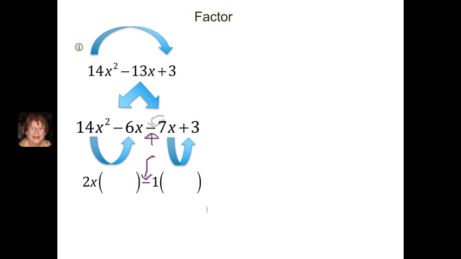The GCF is negative 1. What do we do with the GCF of each term? We've got to divide that GCF into both terms in order to get the other factor. Same here. I'm going to divide both of those terms by negative 1 to get this factor. Why don't you try that?